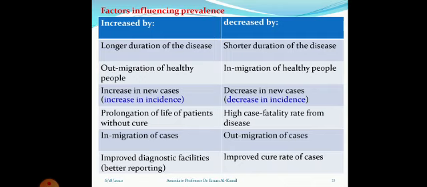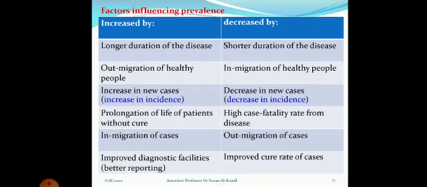With out-migration of healthy people, the prevalence will increase. In-migration of healthy people will cause a reduction in the prevalence, while it increases the new cases, and prevalence is increased by high incidence and decreased by low incidence.